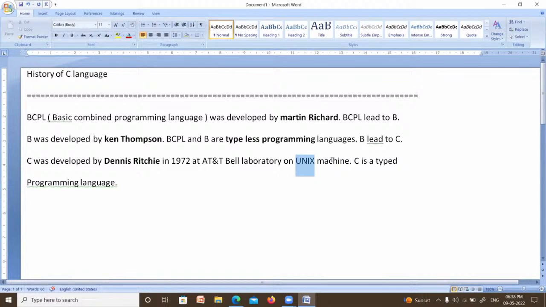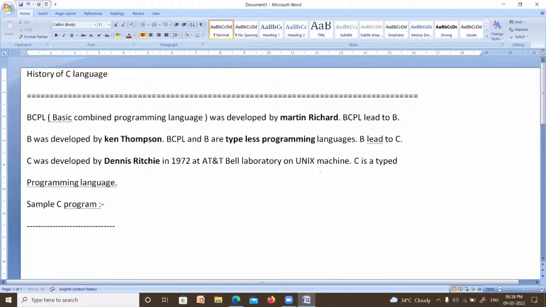Now I will explain how to write a sample C program and its terminology. You should write a C program like this. First of all, you have to write hash include stdio.h.